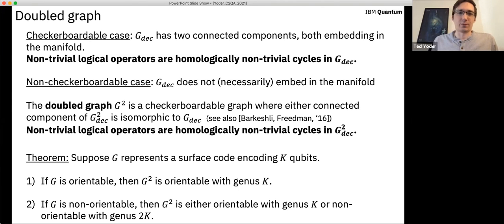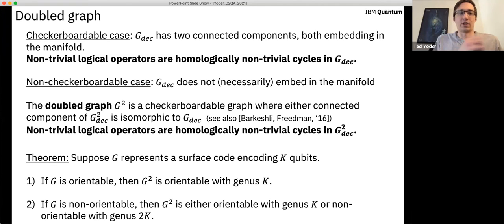The non-checkerboardable case is more interesting. In the non-checkerboardable case, the decoding graph does not necessarily embed in the same manifold as the original graph. In the checkerboardable case, there are two separate connected components. These correspond to the different face colors.